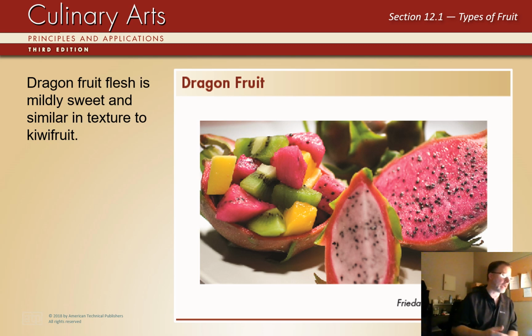It's actually of the cactus plant. It has an inedible pink skin, black seeds. Flesh is mildly sweet and similar in texture to kiwi fruit. Flesh makes an interesting addition to a tropical fruit salad and can be juiced or blended into beverages. So it's actually a cactus.